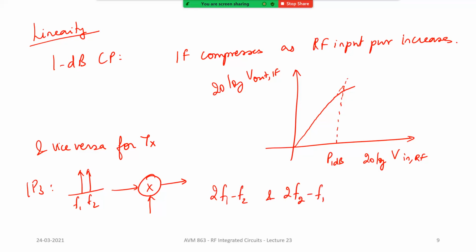This is what we normally talk about if you have an amplifier. But how will you talk about it in terms of a mixer? These two terms will mix down to the IF band.